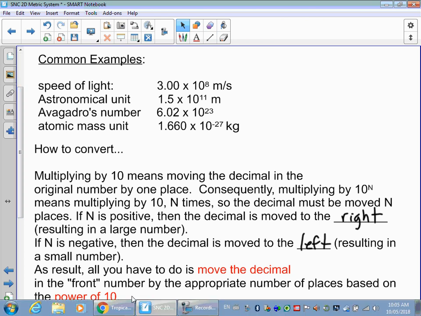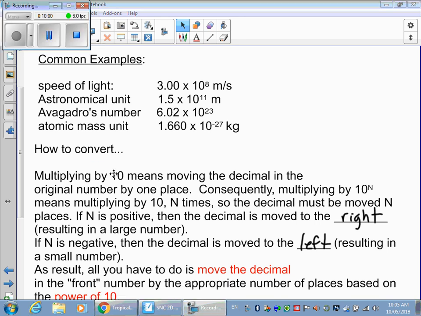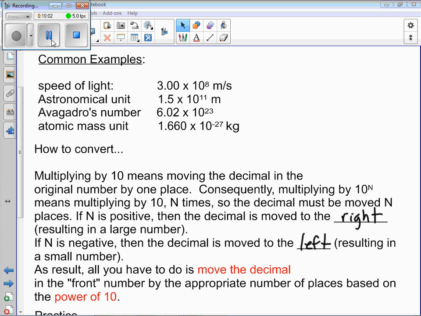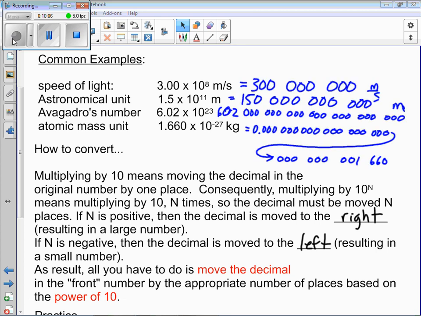And for those of you watching on the video, you just come back to this. Try it and then pause, try it, and come back. Okay, so check your answers with what I have here.